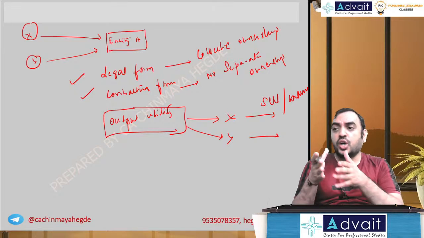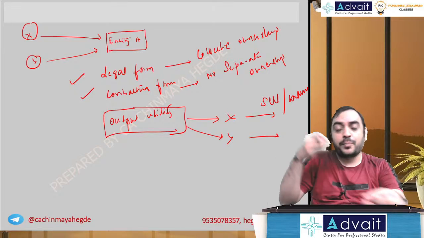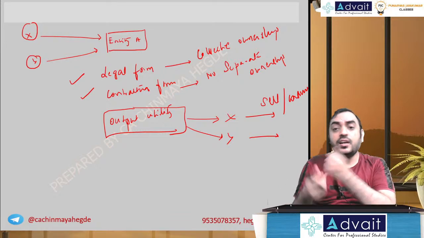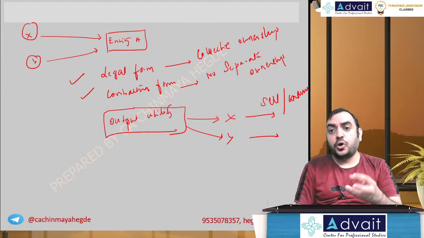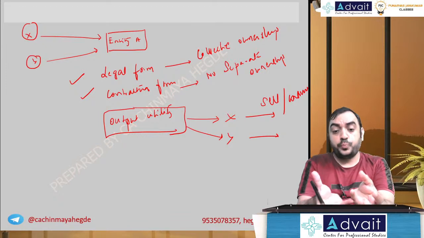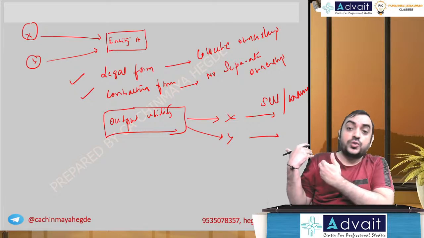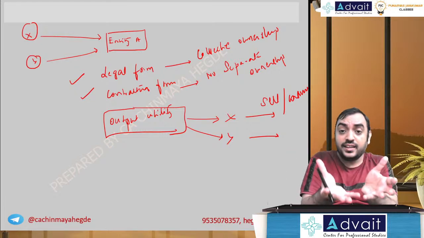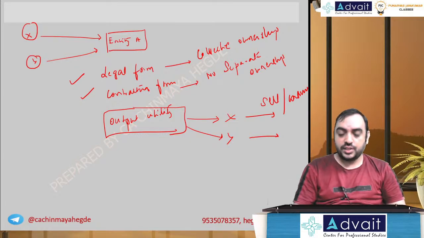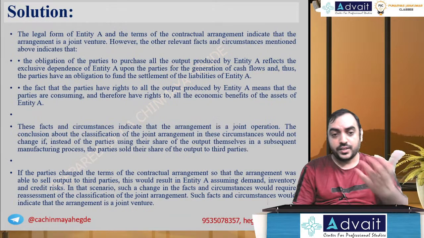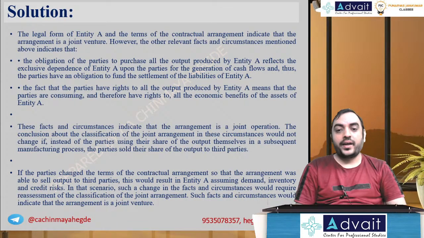Or an oil company, you lay the pipelines to extract the oil, you share the cost of the pipelines, things like that. So this is more of an asset to produce the goods, and you take out the goods. So this is not an entity in substance, it's an asset, and therefore it's a joint operation and not a joint venture. That's what this whole paragraph will tell you.